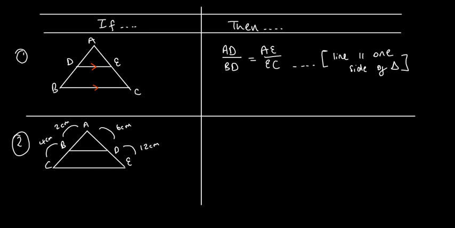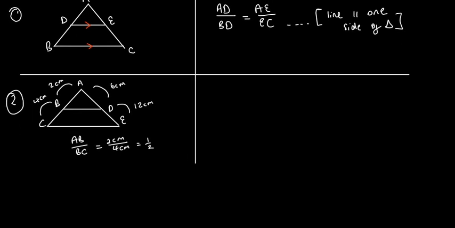Then AB over BC would be equal to 2 centimeters over 4 centimeters. The ratio is 1 over 2.